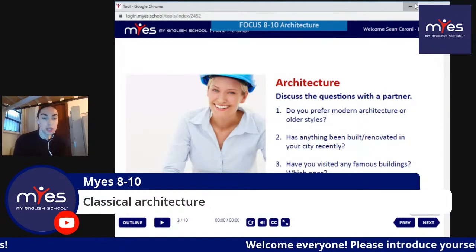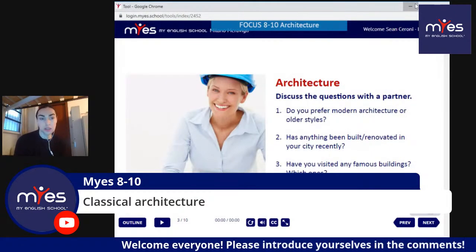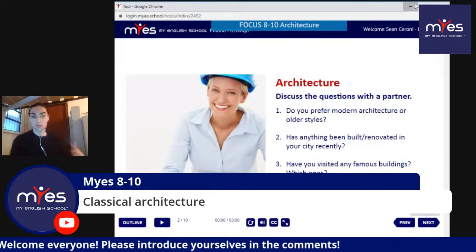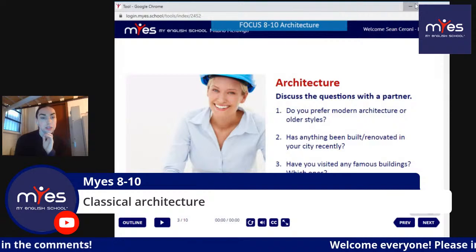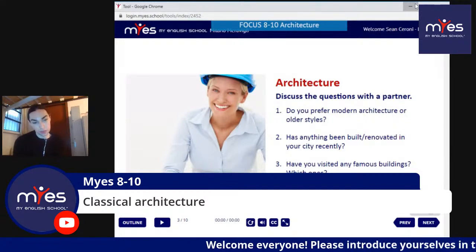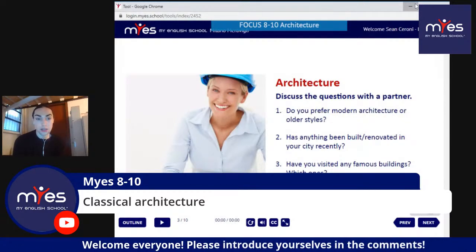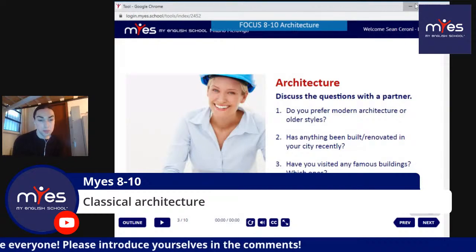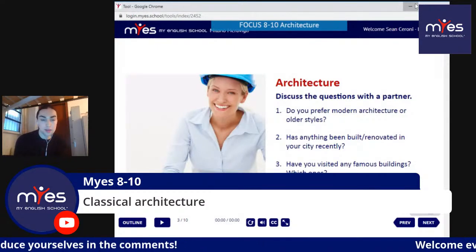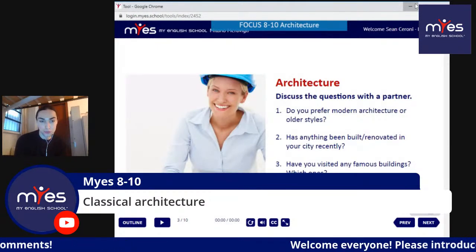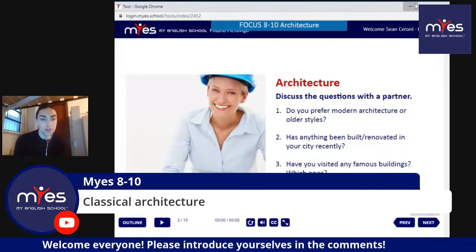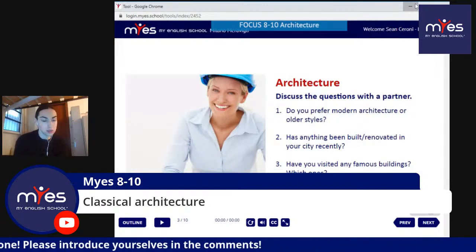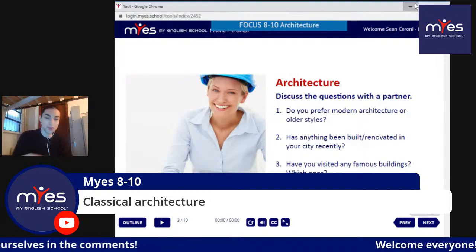So buildings with columns and those kind of buildings, you know. Certainly in Italy, I would say this is the predominant style in every Italian city, classical architecture. But in a lot of European cities, everything is quite classical. And this goes from the 15th century into the 19th century, so classical architecture.